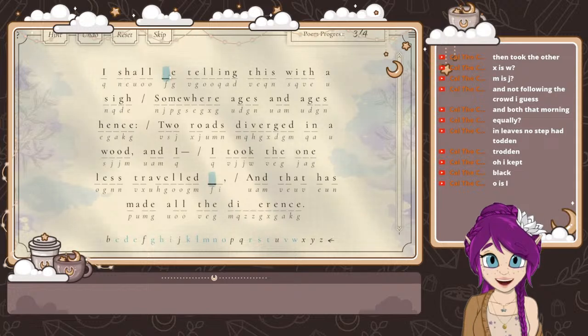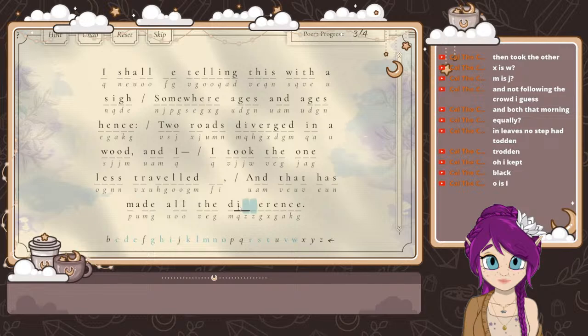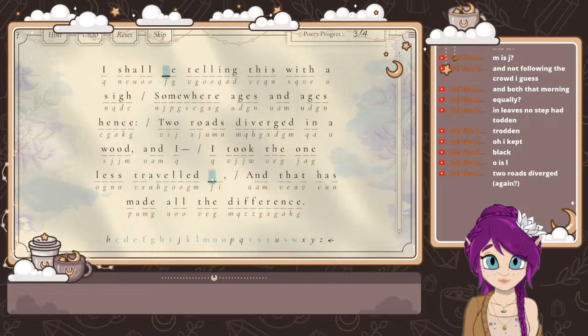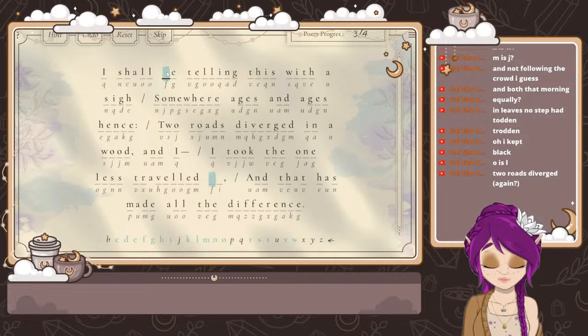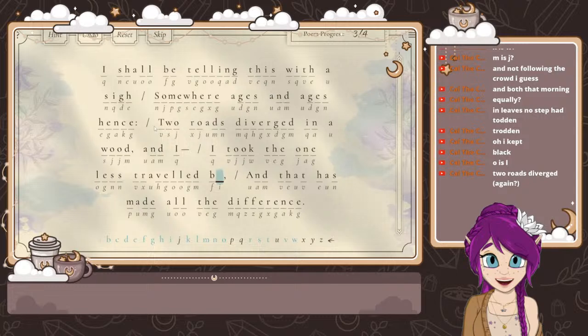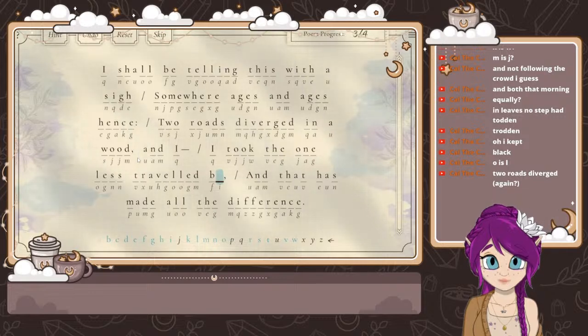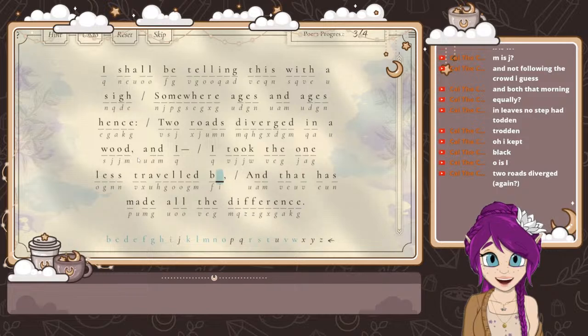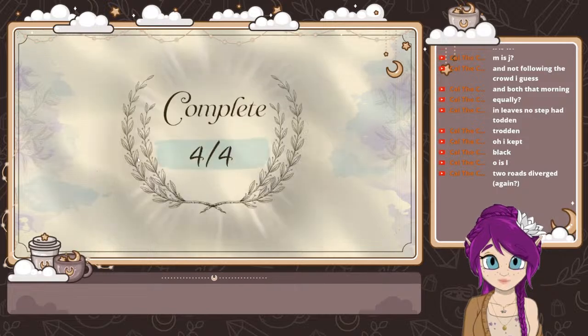I shall... Difference. What's this word? I shall be telling this with a sigh. Somewhere ages and ages hence, 2 roads diverged in a wood, and I took the one less traveled by, and that has made all the difference.